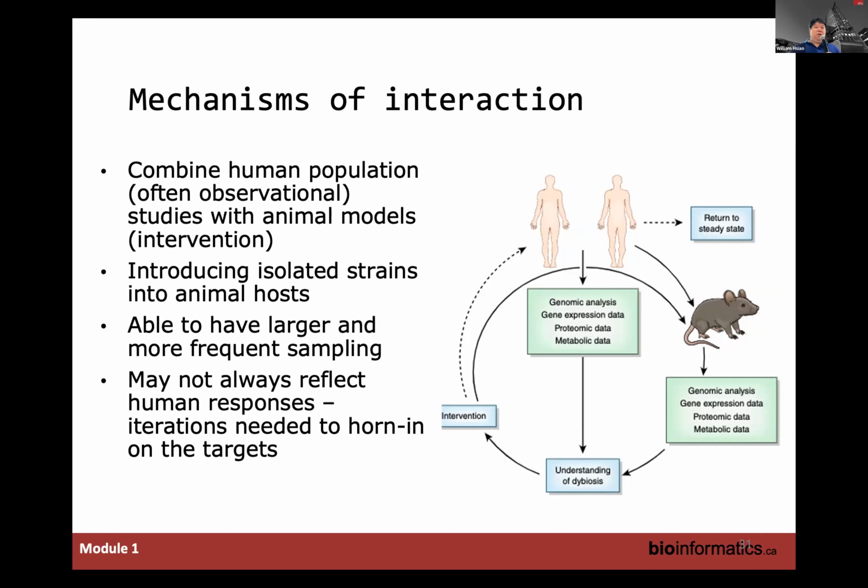And indeed, the IMPACTT consortium that sponsored this workshop, and many of you are part of that consortium, systematically established mouse models and culture collections to allow more reproducible studies and allow scientists to manipulate the experimental parameters to try to understand the interactions.